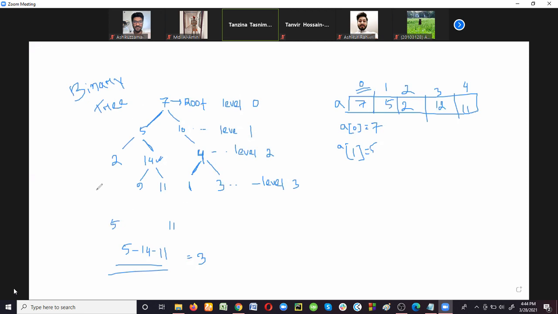So in this nonlinear data structure, how can we traverse all nodes of this tree? How many times? Only once. After the traversal, we have to have visited all these nodes. So which methods can we apply? In tree data structure, there are 3 ways of traversing the elements, called pre-order traversal, post-order traversal, and in-order traversal.